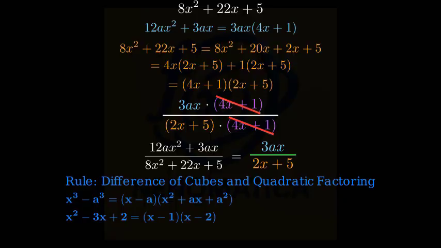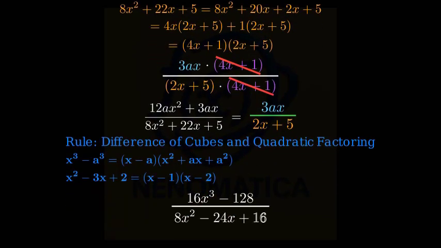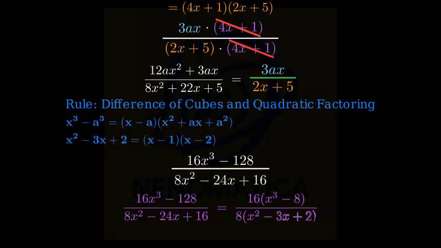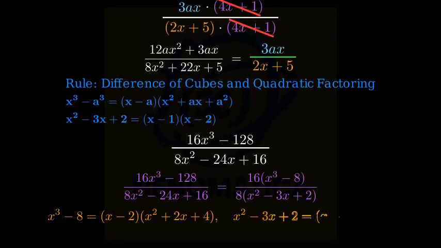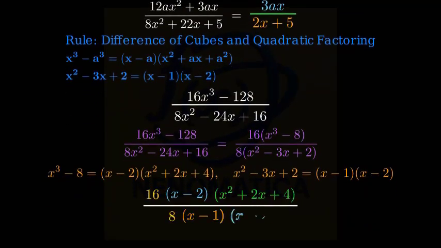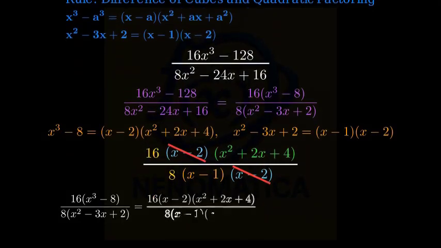First, factor out constants. 16 times open parenthesis x cubed minus 8 close parenthesis over 8 times open parenthesis x squared minus 3x plus 2 close parenthesis. Now factor the difference of cubes in the numerator and factor the quadratic in the denominator. Build the factored fraction, cancel x minus 2, and simplify the constant 16 over 8 to get 2. Finally, write the simplified result.